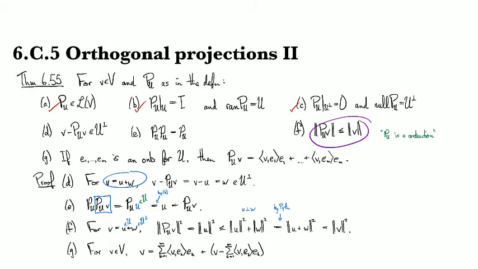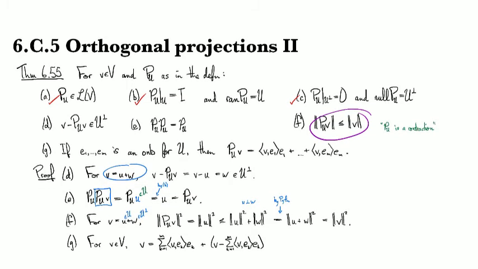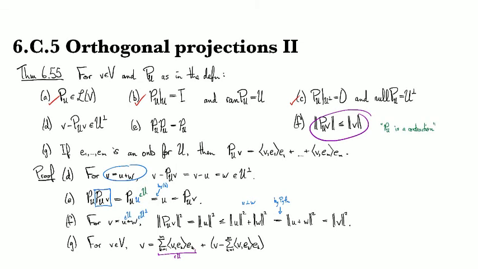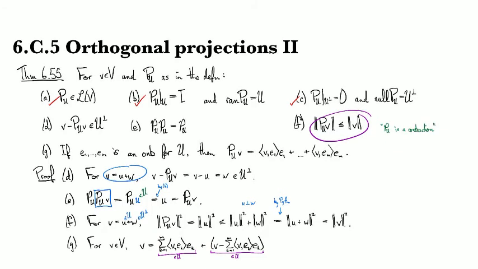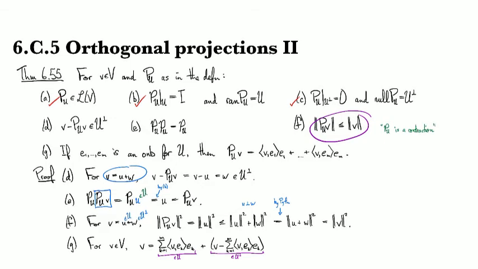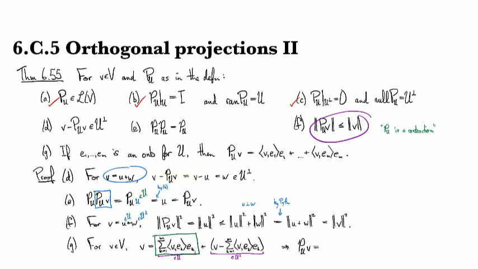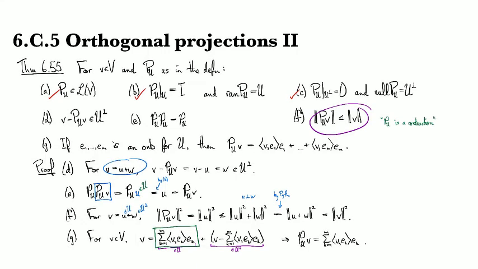Then by the decomposition here, we know that this part is in U, since the EK's form a basis. And then we've seen that this part here is going to be in the orthogonal complement of that chunk. So when we apply P to both sides, then we're just going to pick up the part that's in U. There we go. And that's it.